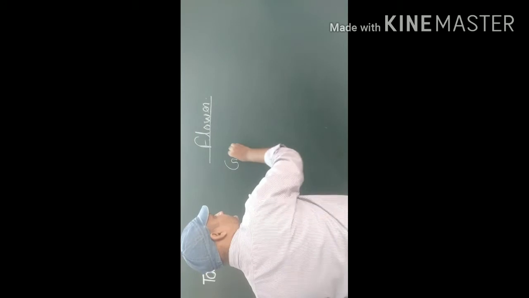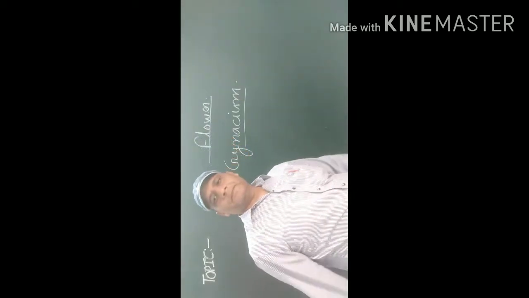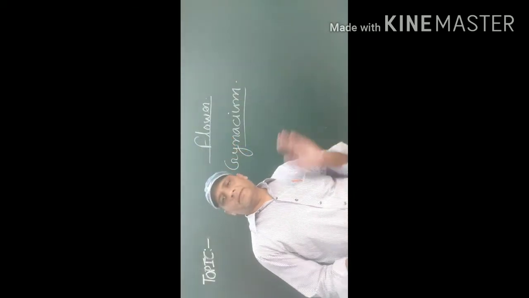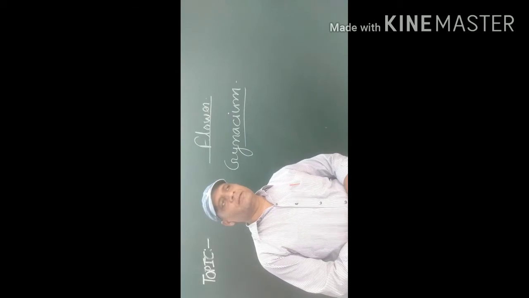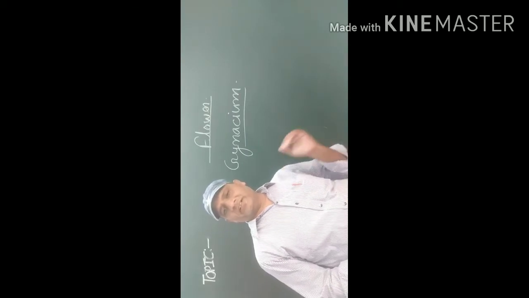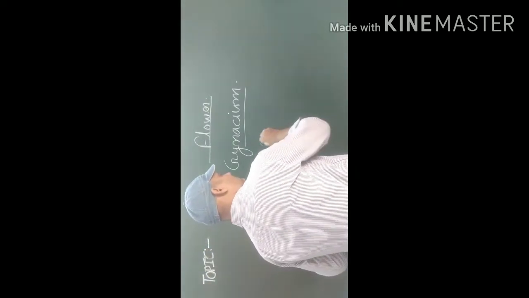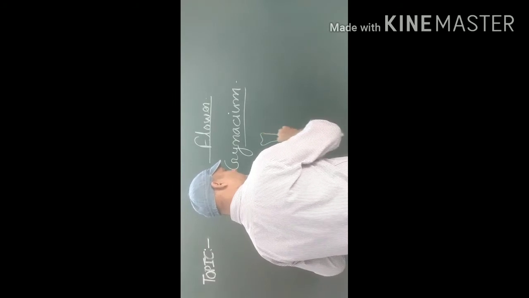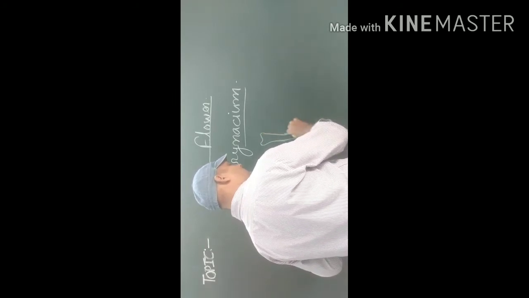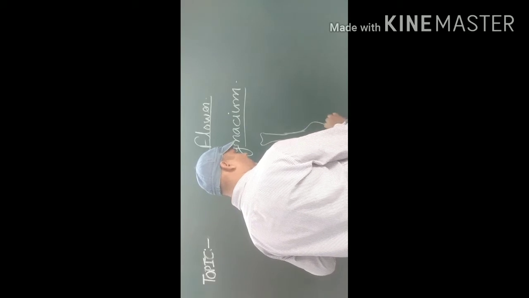Next, gynoecium. It is the female part of the flower. It is differentiated into stigma, style and ovary. Stigma, style and ovary.